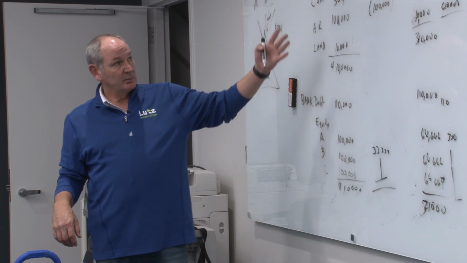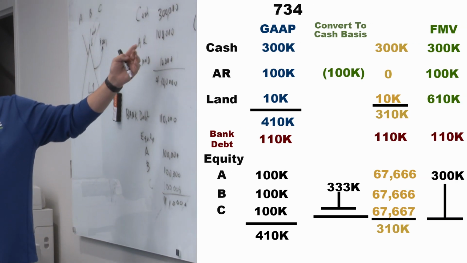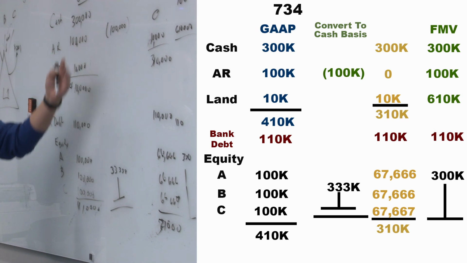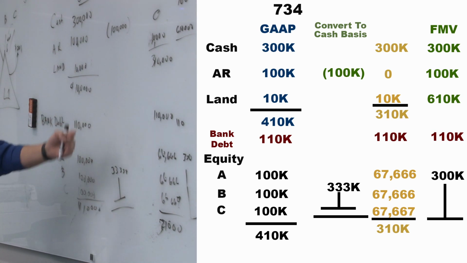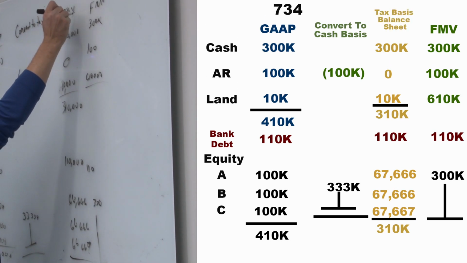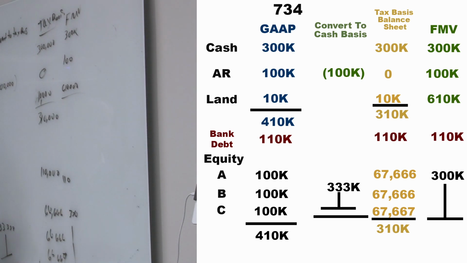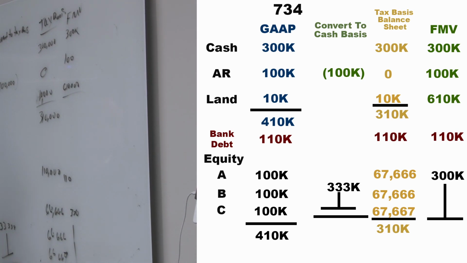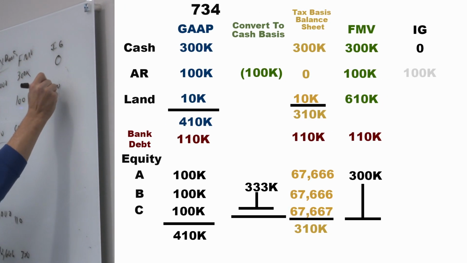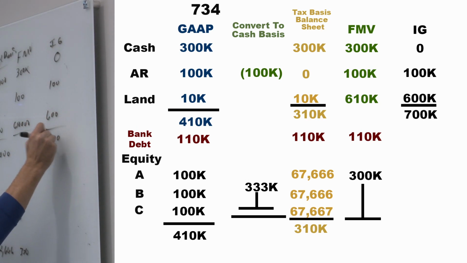So based on this brief little small fact pattern, I've got a GAAP financial. We are on cash basis. We have to back out the AR, which then gives you a hit to equity to get to the same tax basis balance sheet, or a revised tax basis balance sheet, and you have fair market value to compare. So if we do that, we have 0 gain, 100 of gain, we have 600 of gain for 700, correct?